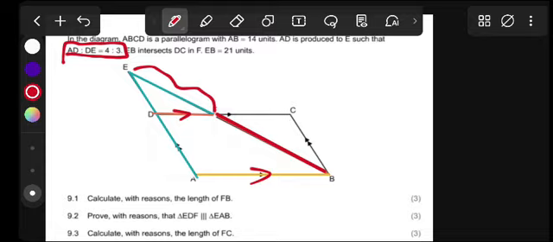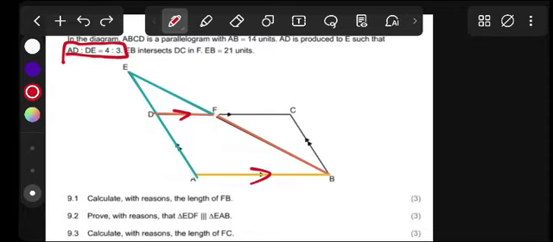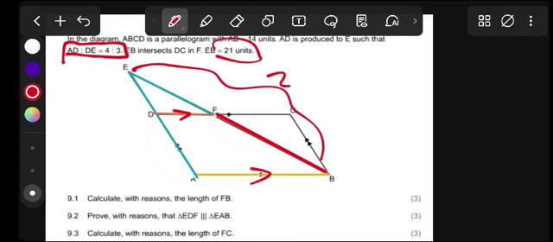That side is the same as if I take the whole length BE and then subtract BF, I will be left with this length, because we're given BE to be 21. All this length there is 21 units.